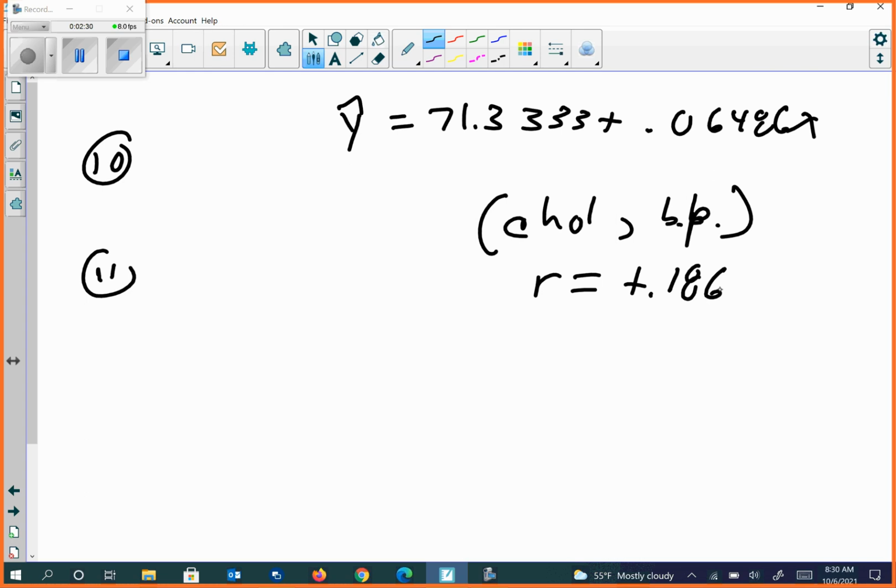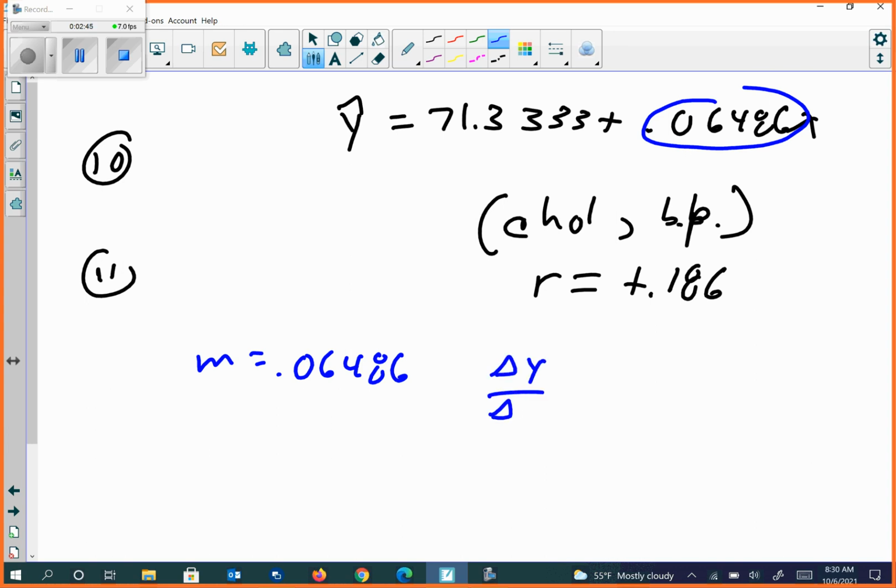So if we wanted to interpret the slope, this is our slope here. Remember, our slope, 6486, is the change in y over the change in x. I mean, that's the basic thing, y2 minus y1.